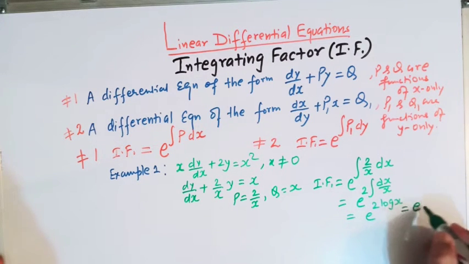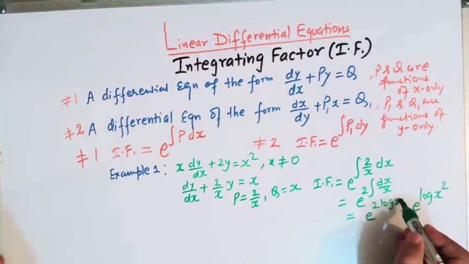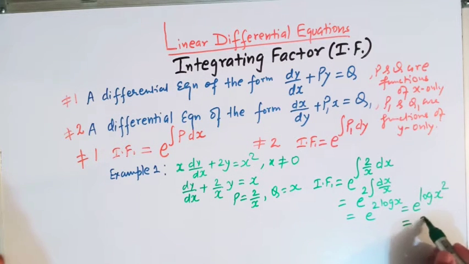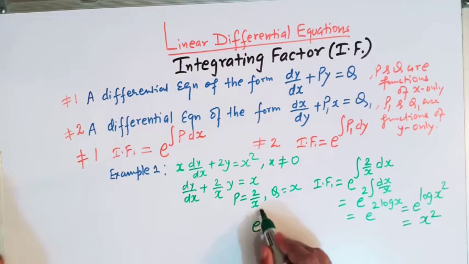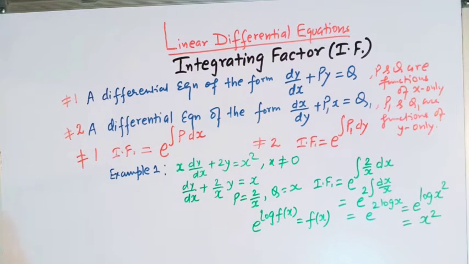This can further be written as log of x square, so we have e raised to log x square, and this is equal to x square. Why? Because here we have used the result e raised to log f(x) is equal to f(x), right?